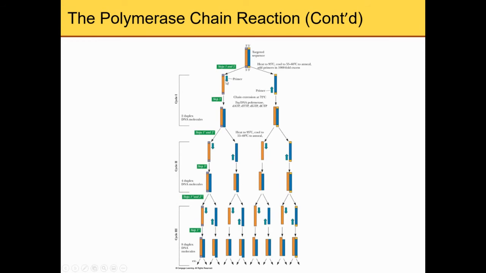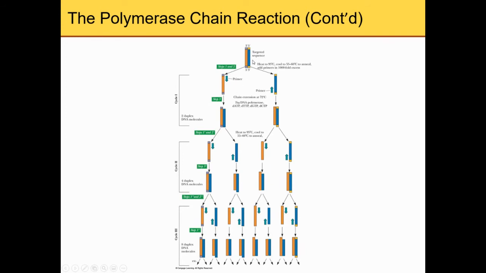So the primer can synthesize DNA. You repeat this step for 20 to 50 cycles. Then you can produce millions of copies of the specific DNA, your target DNA.